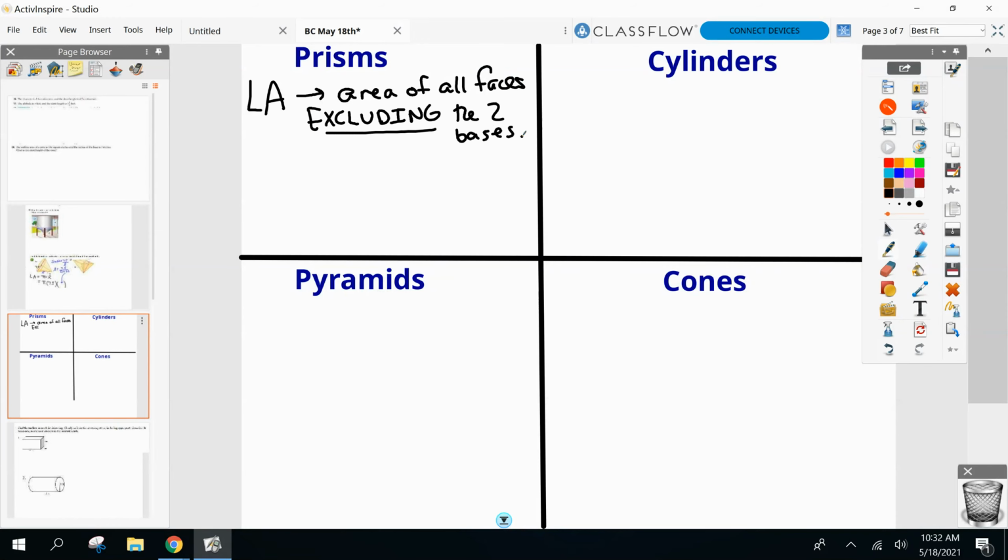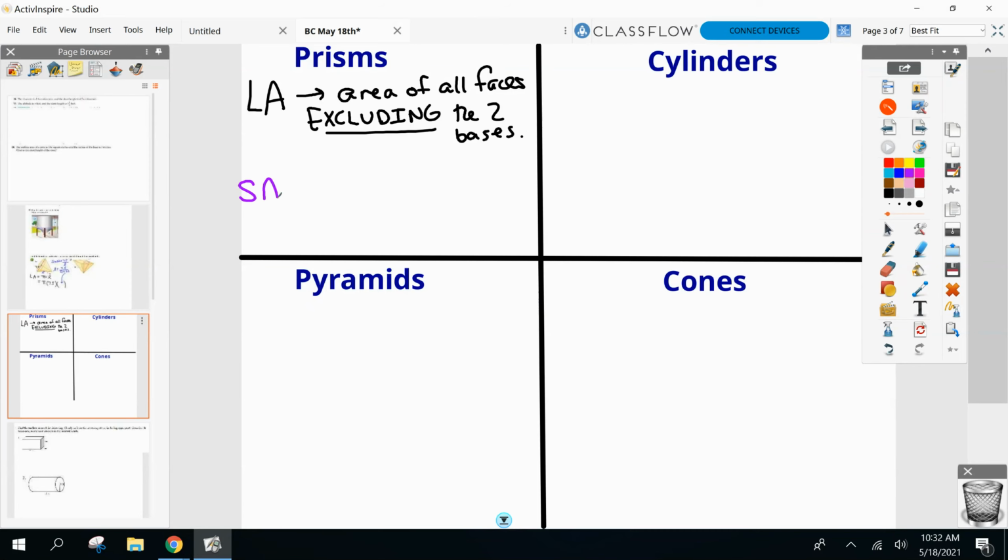All right, so whatever shape the bases are in, I take them off, and then I find the area of what's left over. How do you know what the bases are? They're always the two figures that are congruent and parallel to each other. There's only going to be two of them that are congruent and parallel, and those are your bases. Take them off, find the area of whatever's left over.